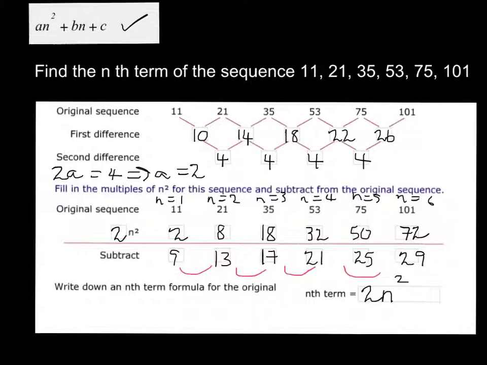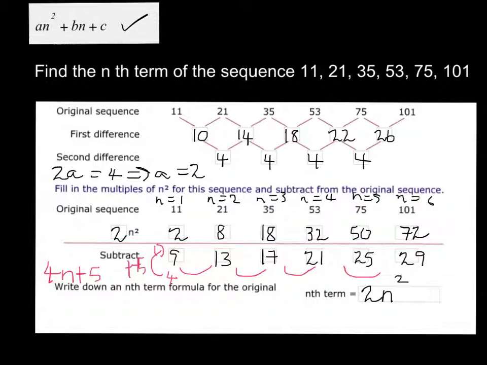So we can find the nth term of this linear sequence. The nth term would be 4n, the 4 times table, so we want to know how much bigger this sequence is than the 4 times table. It's bigger by 5. So the nth term for this linear sequence is 4n plus 5.